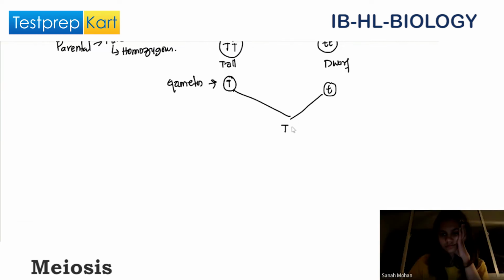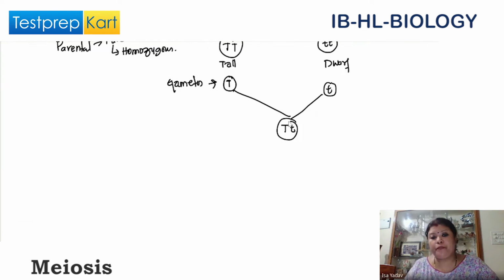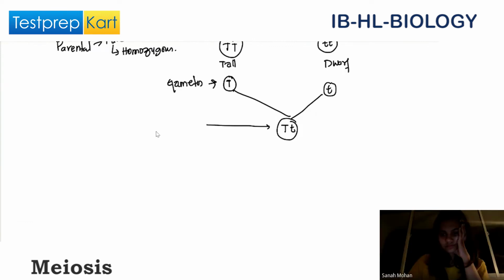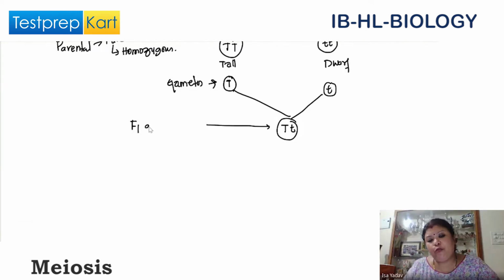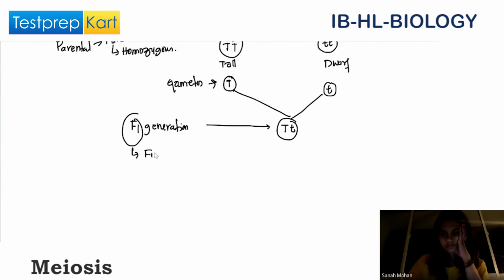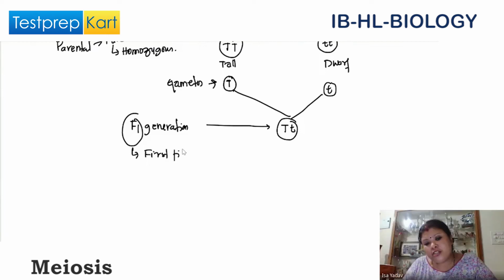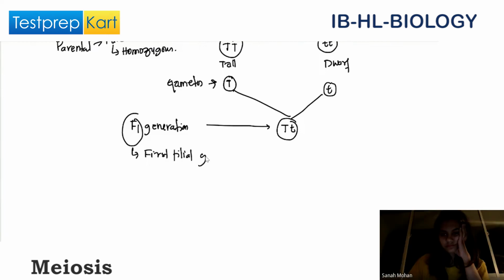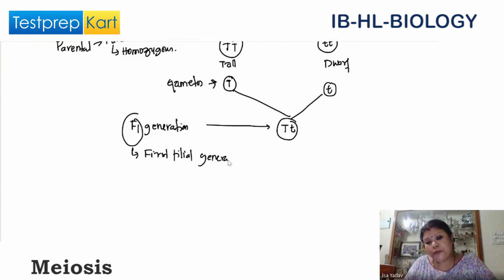So we get capital letter T, small letter T. So this is called the F1 generation. F1 refers to first filial generation.